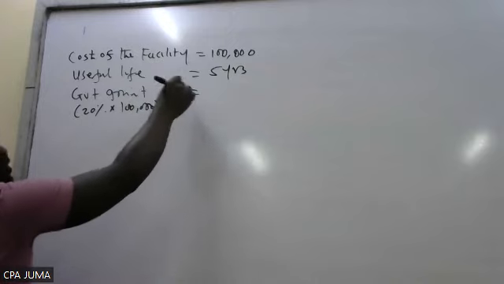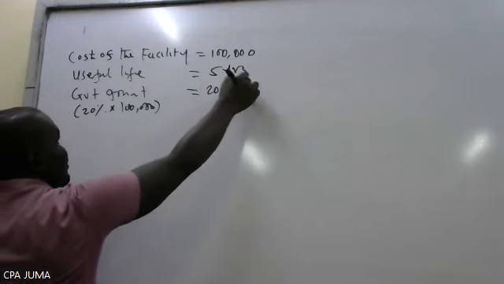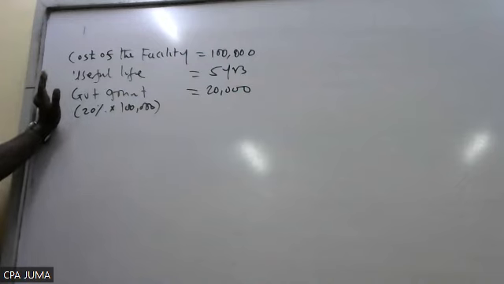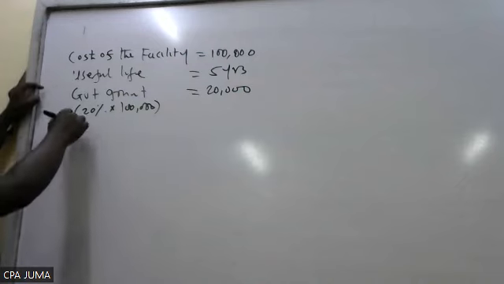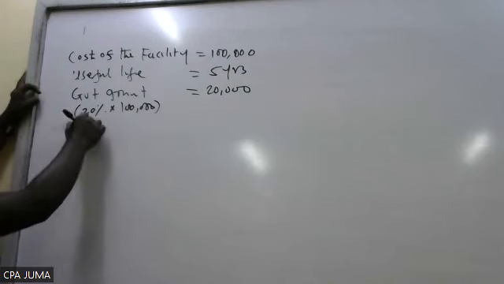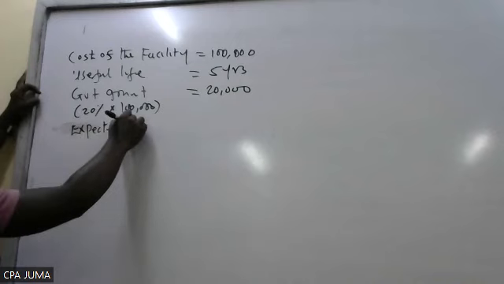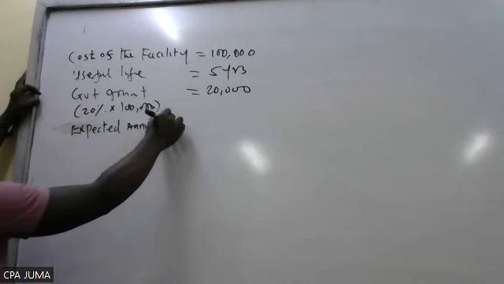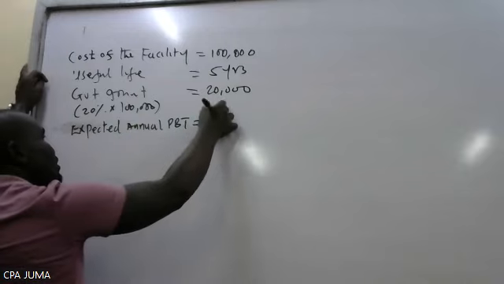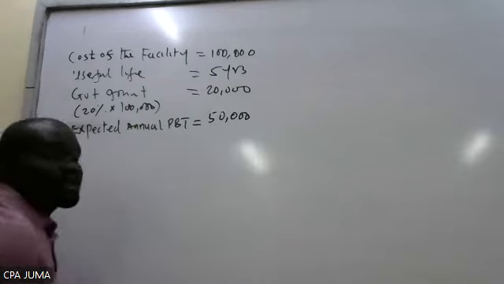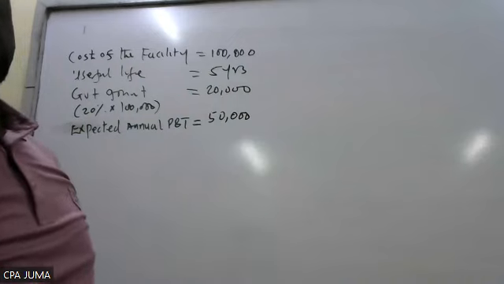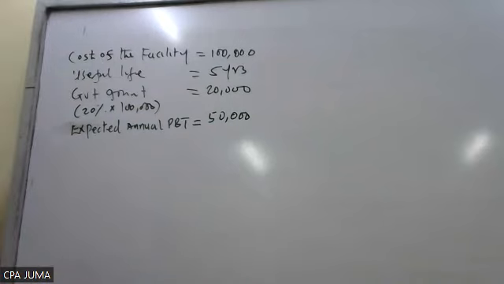So 20% of that gives you how much? 20. Yes. Then annual expected PBT, profit before tax. They were expecting 50 million per annum for the next 5 years. Correct. That is enough for us.